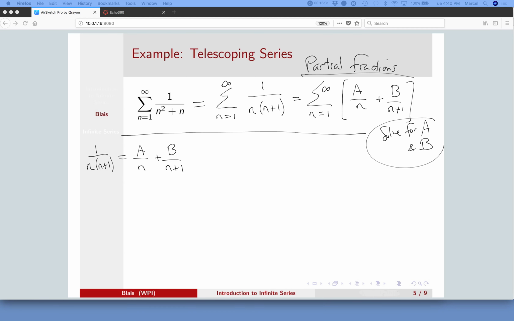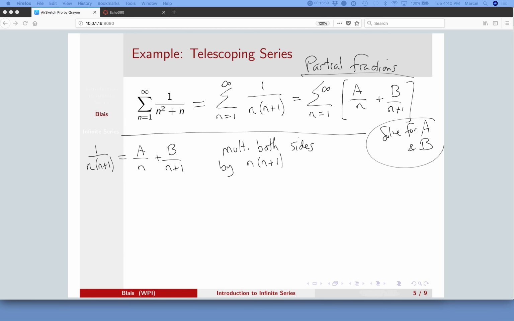So the first thing we do is multiply both sides by the original denominator here, by n times n plus 1. When we do that, on the left side, this n and n plus 1 will cancel with this n and this n plus 1.